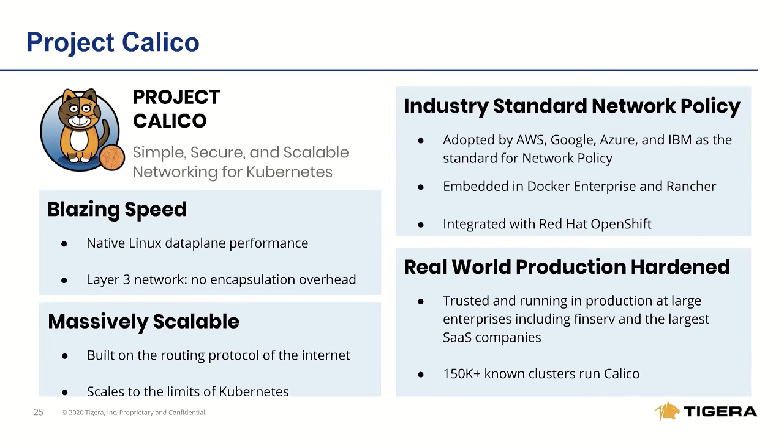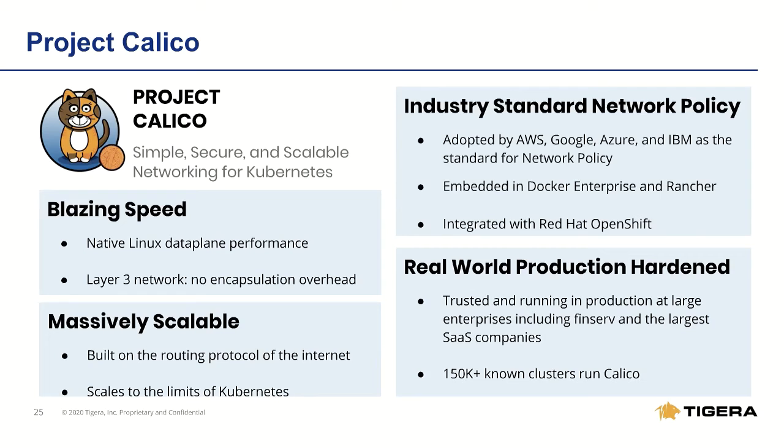It's by default a layer 3 network. It doesn't use encapsulation, and what that means is that it's a lot more simple, a little bit easier to use and debug. It's massively scalable. It's built on top of BGP, which is the routing protocol of the internet. The internet's quite scalable. We scale in the same way. And we can really scale to the limits of what Kubernetes can do.